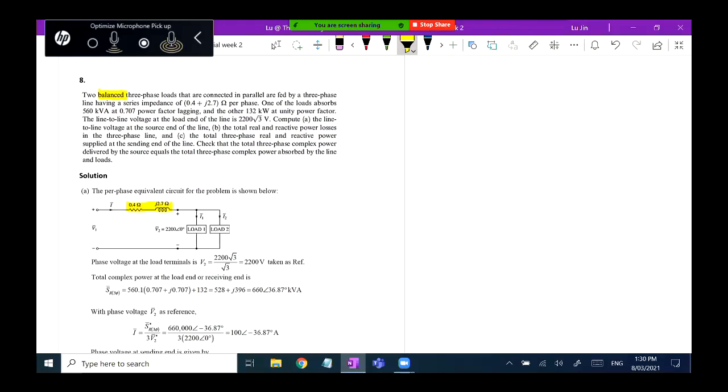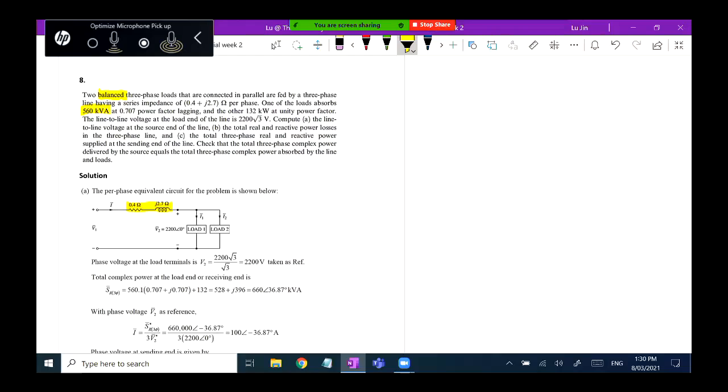One of the loads, we can call it load 1, or load A, whatever, absorbs 560 kVA. What power is this? Apparent power, complex power, real power, or reactive power? Yes, complex power. The unit is VA. VA is always the unit for complex power or apparent power, but these two things are similar.